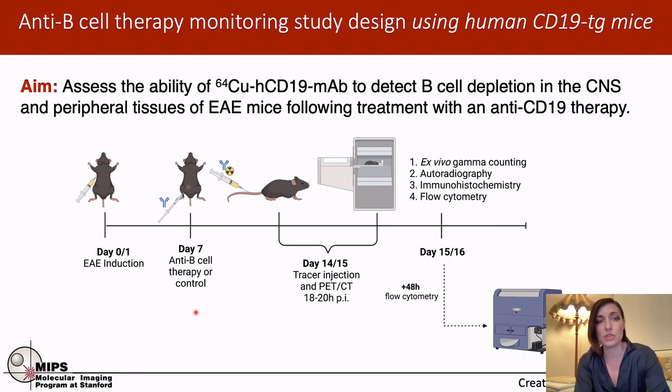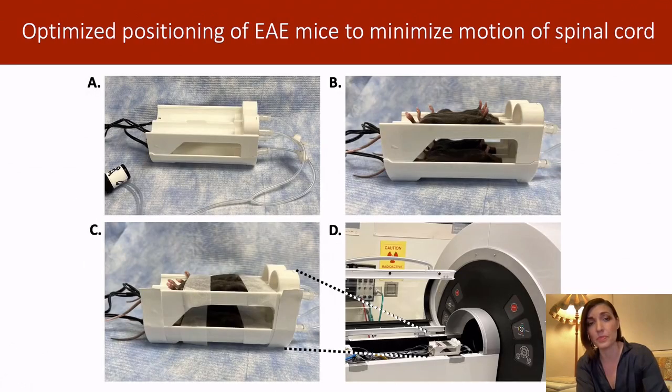And so we administer that drug. And then we image a week later and see what we see. And we do not only imaging, but also some flow cytometry, some ex vivo gamma counting, autorad, immunohistochemistry, a little bit of everything. So we're trying to get everything we can from this experiment.